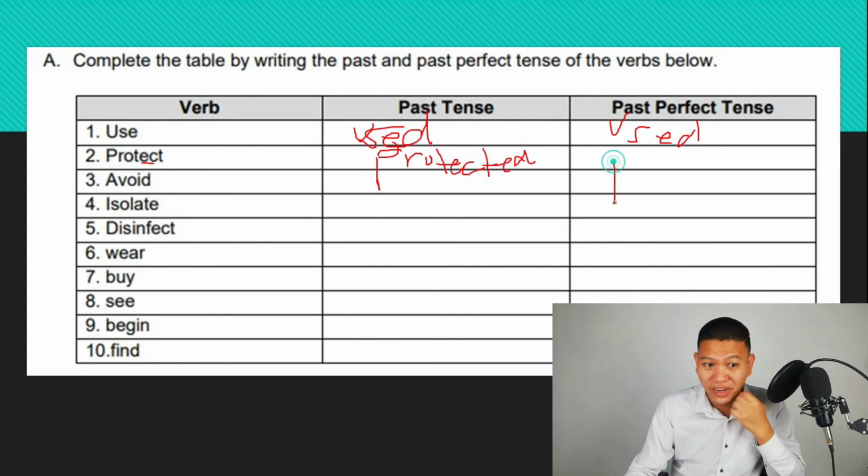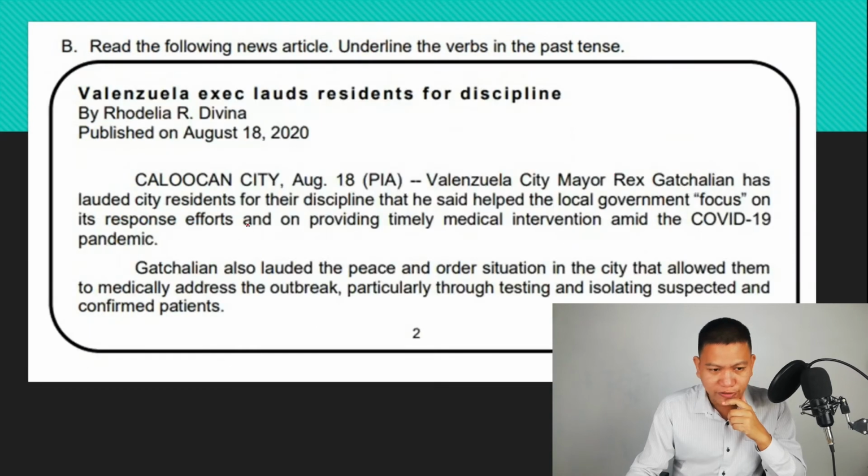This one is also a regular verb. So protected. So we will just add ed, protected, and then protected. Okay, sorry for my penmanship. Number 6 is an example of a regular verb. It's for you to discover.